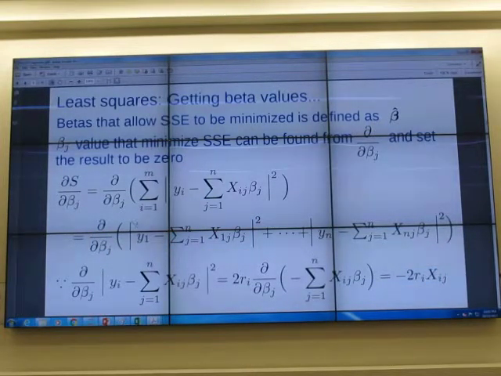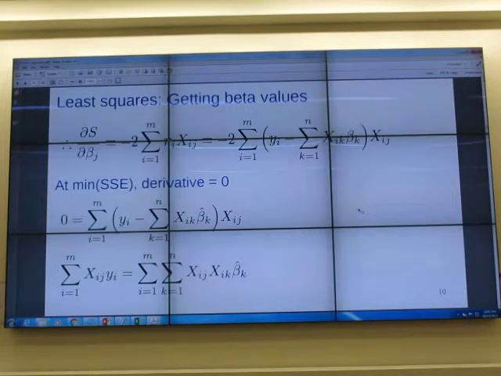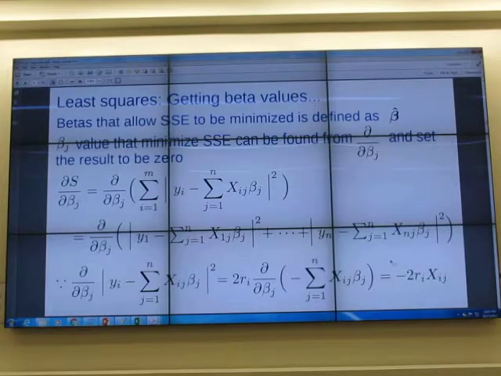But I have multiple terms. What do I do? Instead of that, I put d by d beta j inside the summation. So I take the summation out and do that thing first. I will have sigma i equal to 1 to m of minus 2 ri xij.